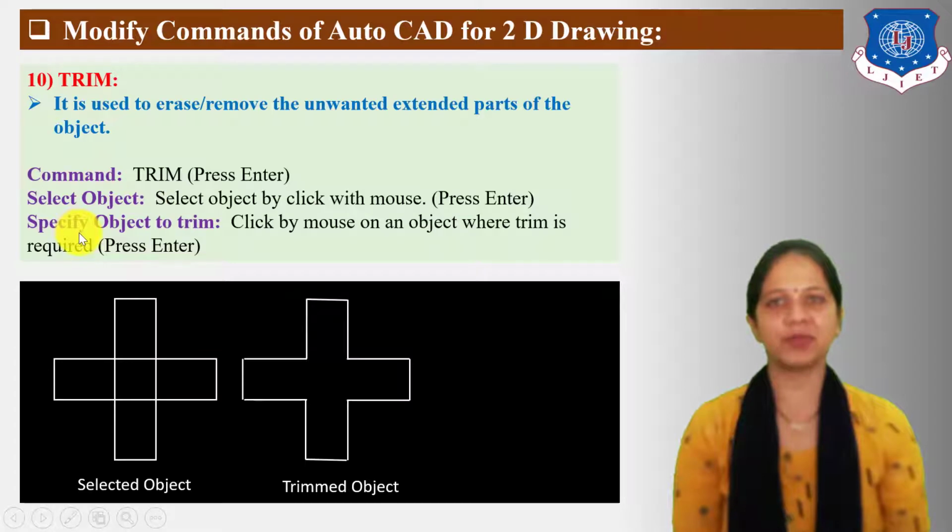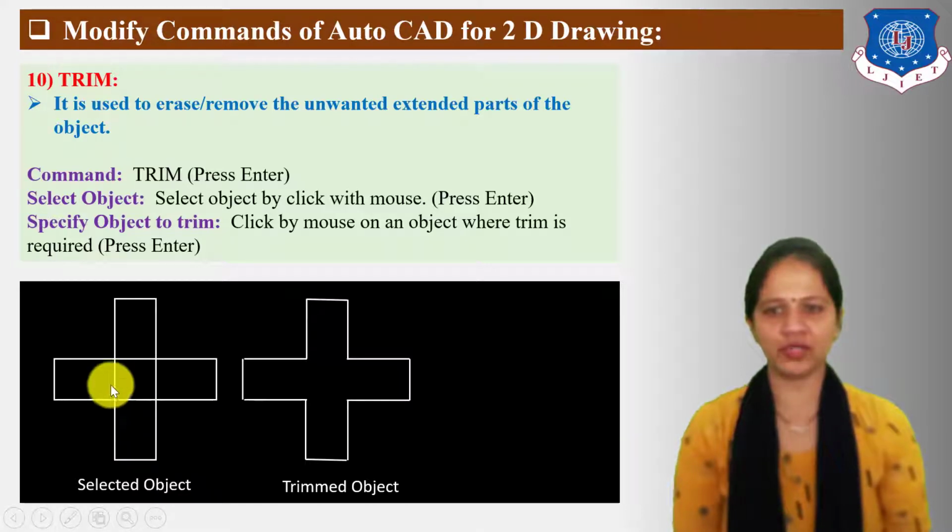The next statement displayed in the command area is specify object to trim. Click by mouse on an object where trim is required. Then press enter. Here you can see these 2 rectangles indicate the selected or existing object.